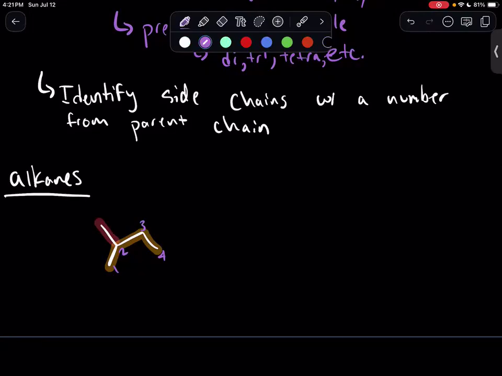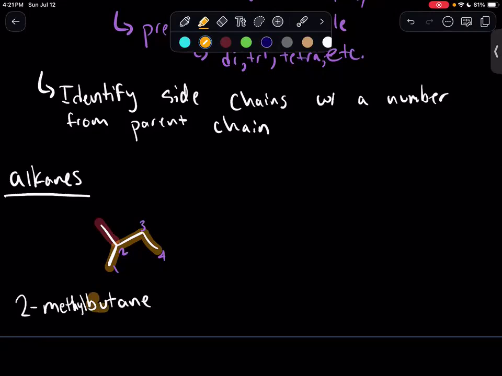What we're going to do is start with our parent chain. I like to work from the middle out. My parent chain has 1, 2, 3, 4, so it's going to be butane. Now attached to that butane, I have a single carbon group, and that is going to be methyl. That methyl comes off the second carbon, so it's 2-methylbutane.